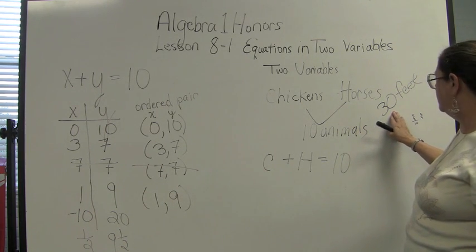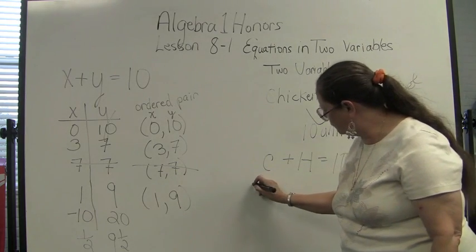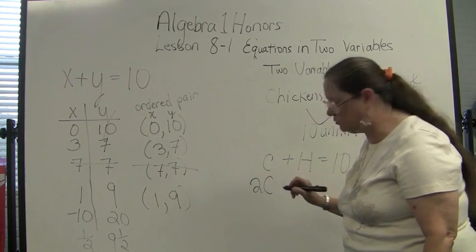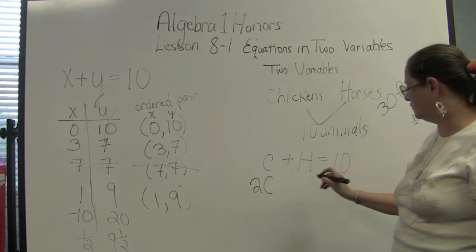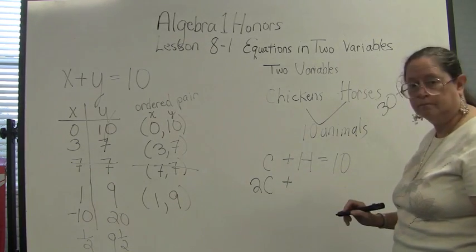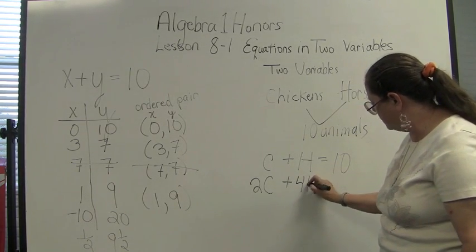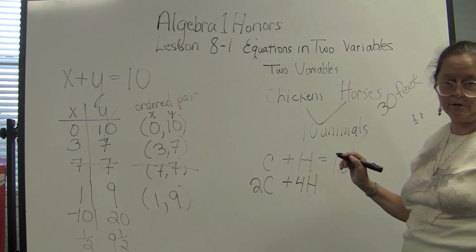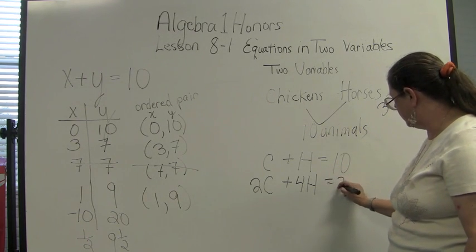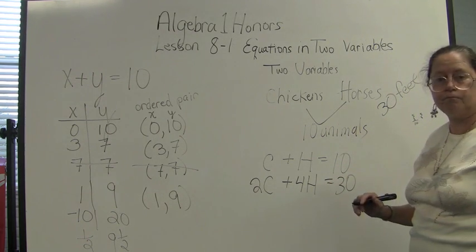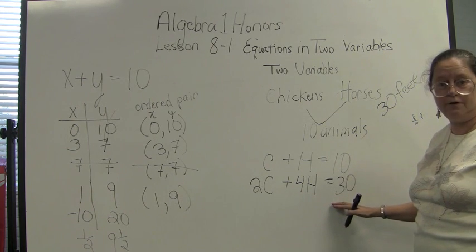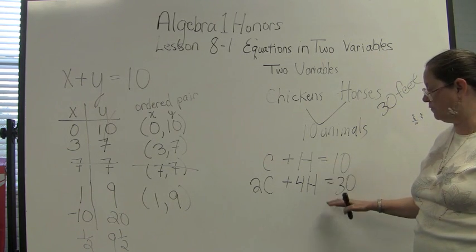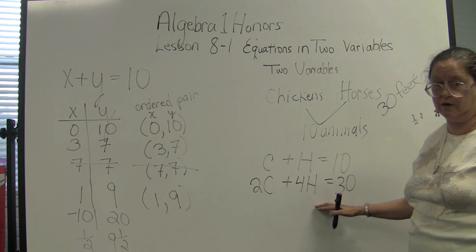Counted all the feet. So now we have the number of chicken feet is going to be 2 times the number of chickens, plus 4 times the number of horses is how many horse feet there are, equals 30. Okay? And what you'll learn in another lesson is how to actually solve this. And there's only one solution to this.